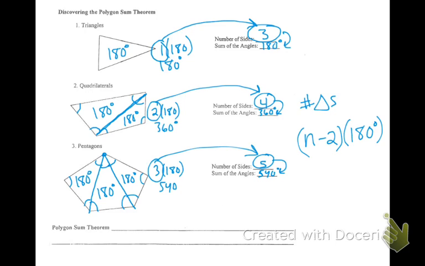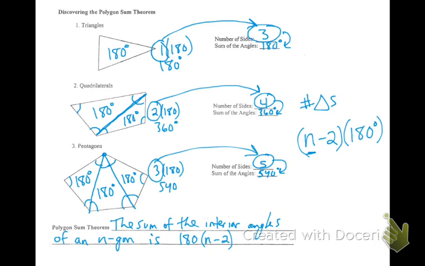So to find the sum of a polygon that has n number of sides, we use this formula. This is what the Polygon Sum Theorem is. The sum of the interior angles of an n-gon, I'm just talking about an n-gon in general because you can plug in any number that's 3 and above, is going to be 180 degrees times n minus 2.